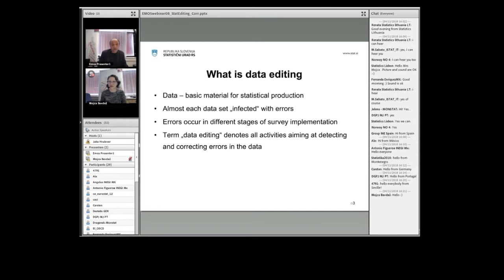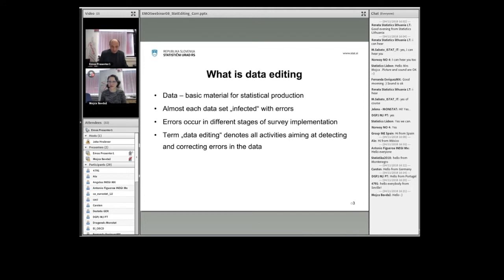Of course, it differs by survey. These large numbers hold mostly for surveys that use self-completion, like paper questionnaires. It is quite different in face-to-face data collection, because there the cost of data collection is so high that the percentage of data editing is definitely lower. But for self-completion questionnaires, I think 30 to 50% is very frequently the share of budget devoted to data editing.